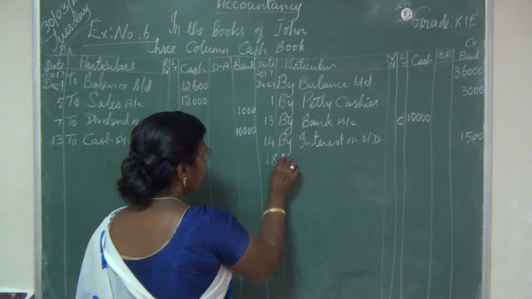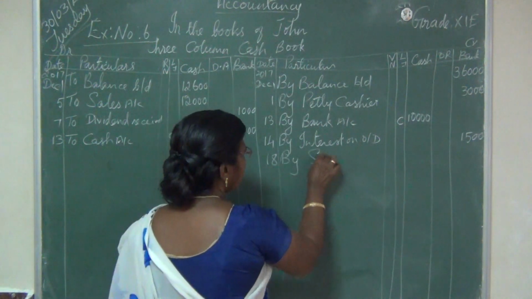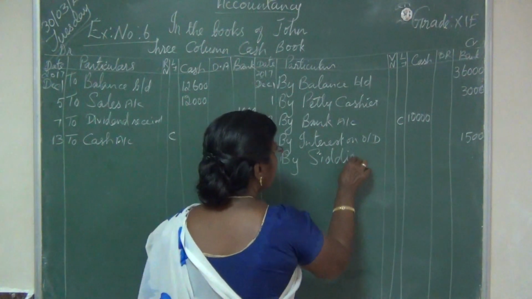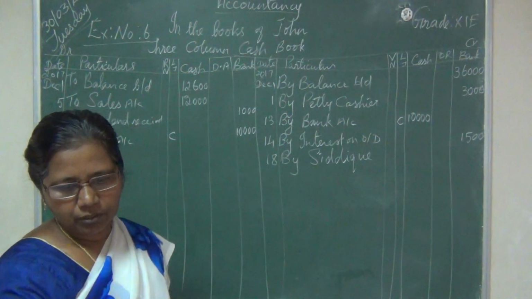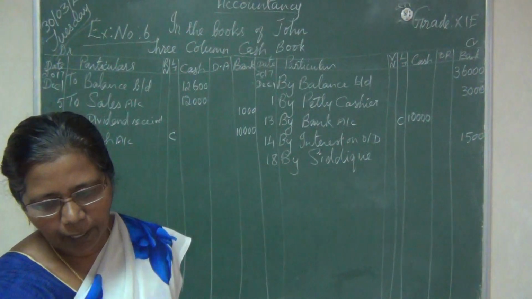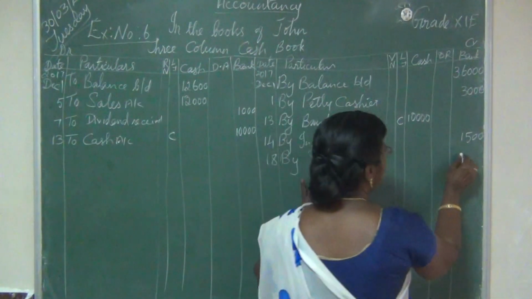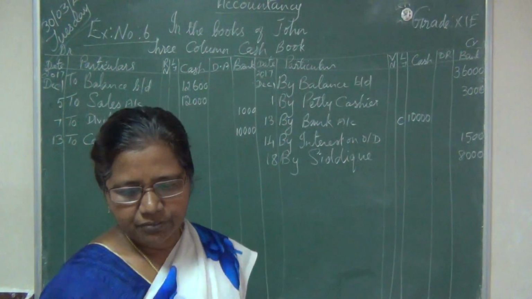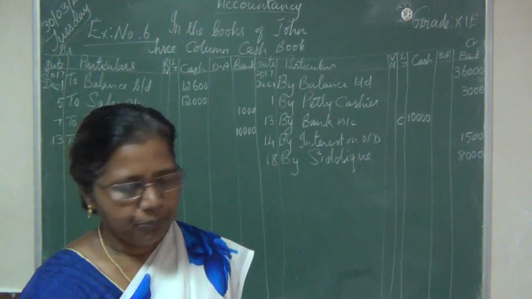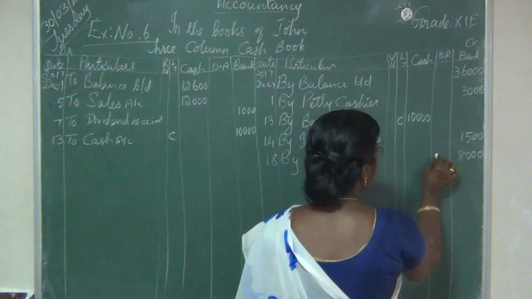So who is receiving? Siddiq. So Siddiq account debit to bank account. Okay, so we have to enter this one in the bank column, 8000. Bank is making the payment because we issue a check to him, isn't it? Then 200 is the discount that we receive.